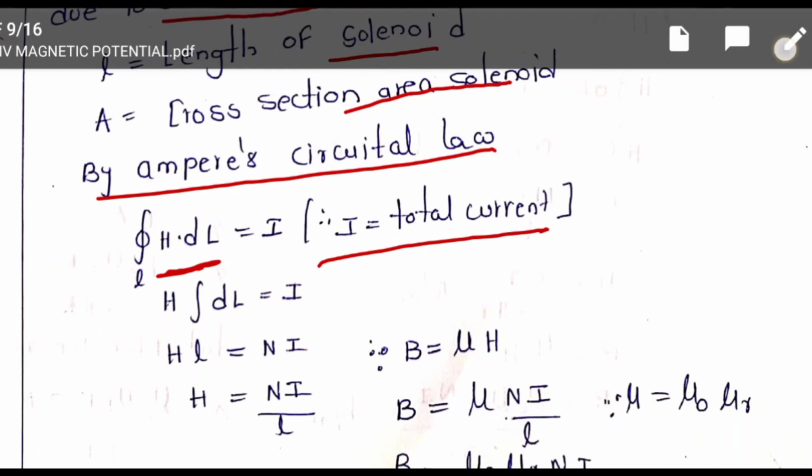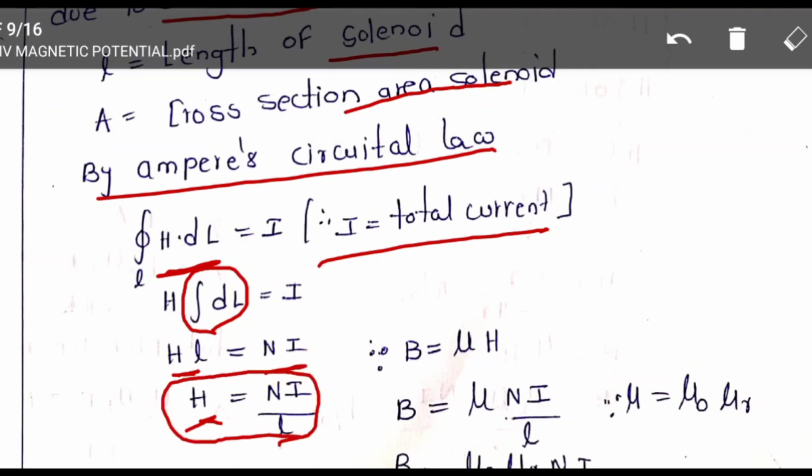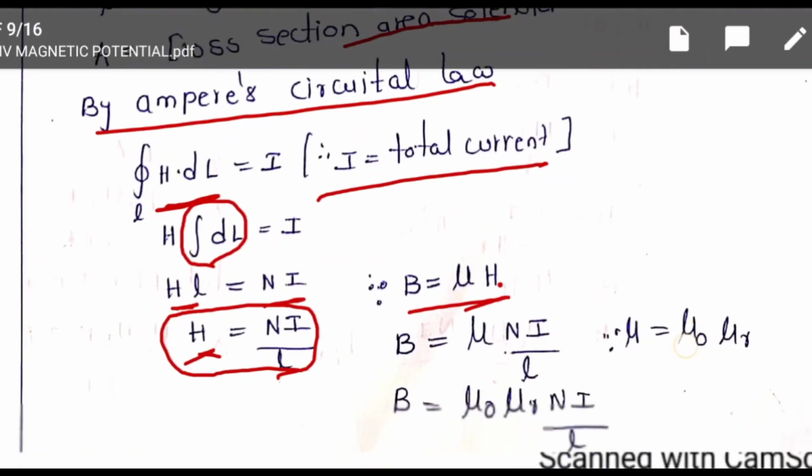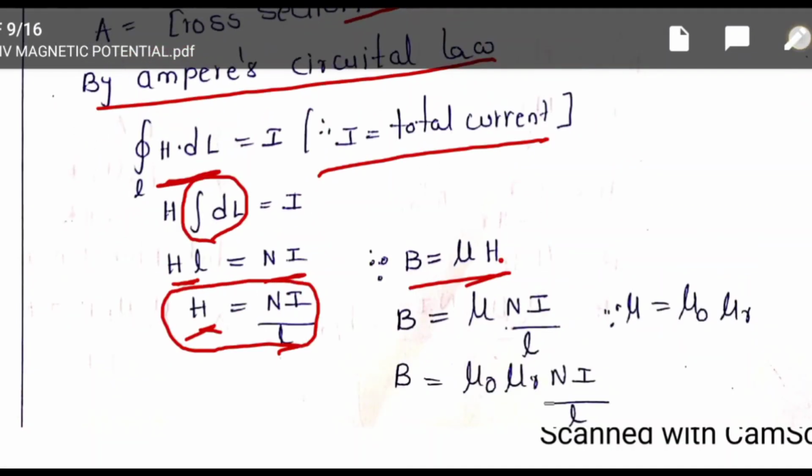If you integrate dl, we get the total length L. HL equal to Ni. Therefore H bar equal to Ni by L, already we know this formula. Since B equal to mu H, we substitute H equal to Ni by L. Finally, B equal to mu naught mu r Ni by L, which we obtained previously.